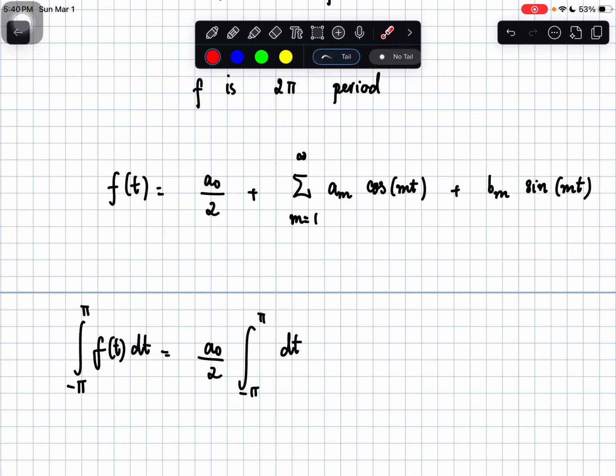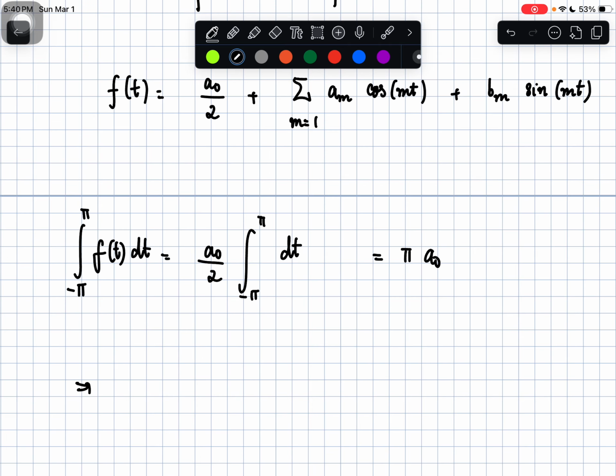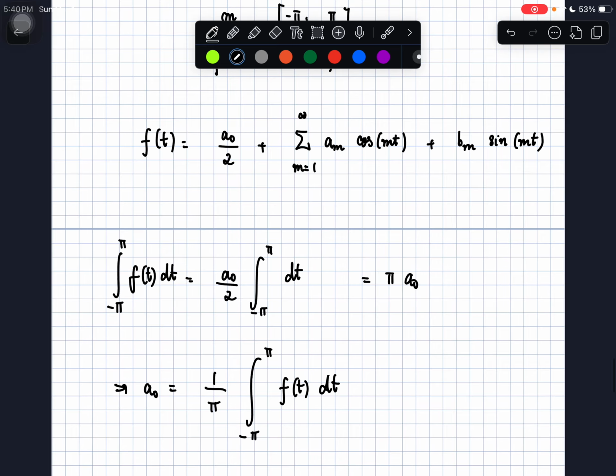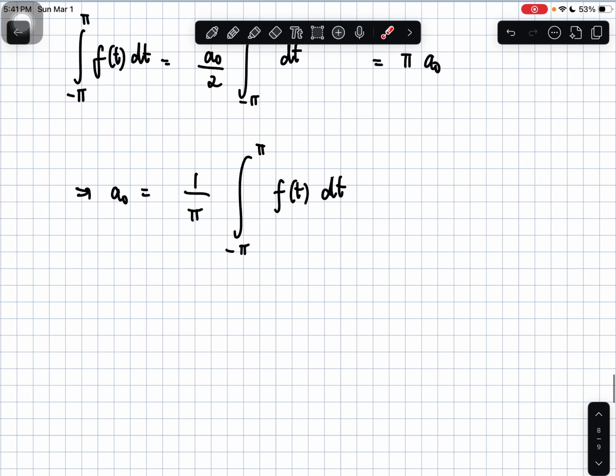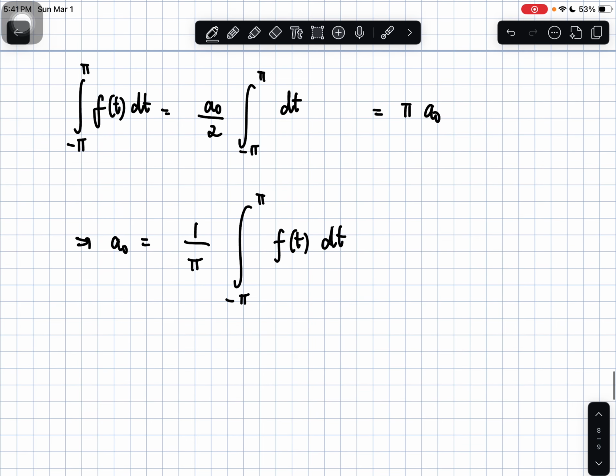This term gives us 2 pi divided by 2, so it's pi times a0. So a0 equals 1 over pi times the integral from minus pi to pi of f(t) dt. That's how we get the formula for a0 for our function from minus pi to pi.